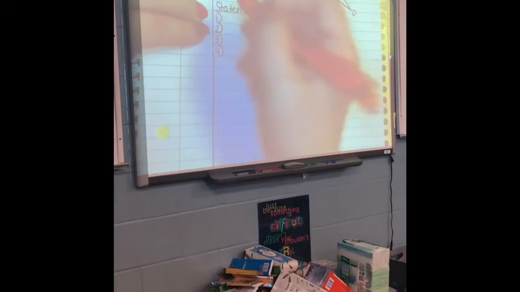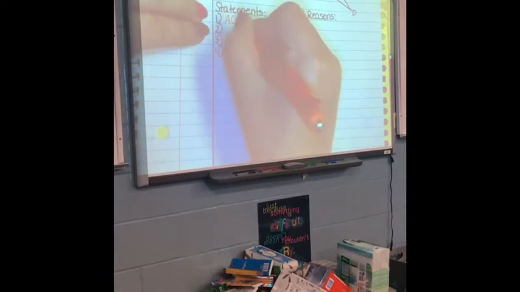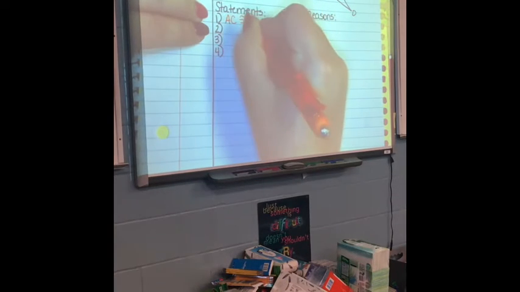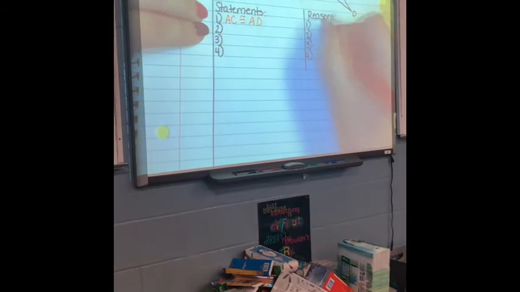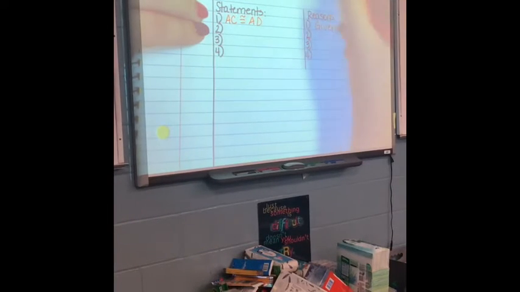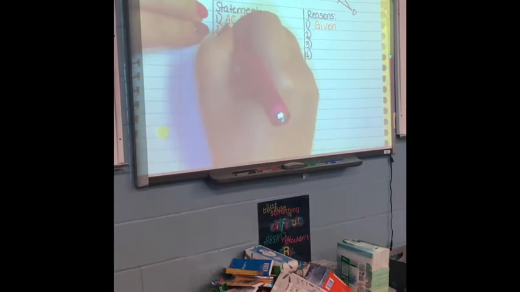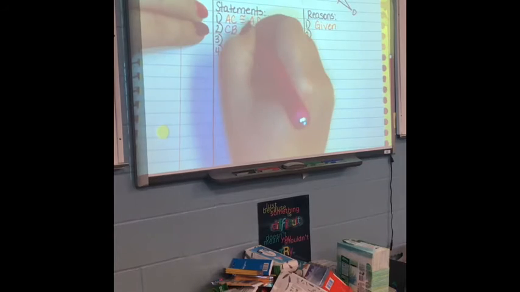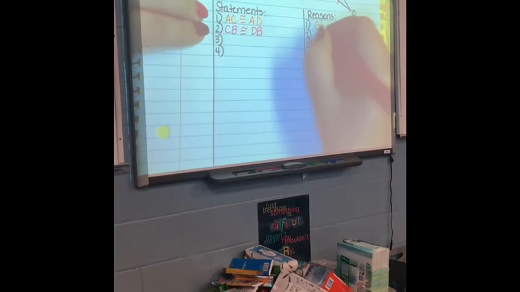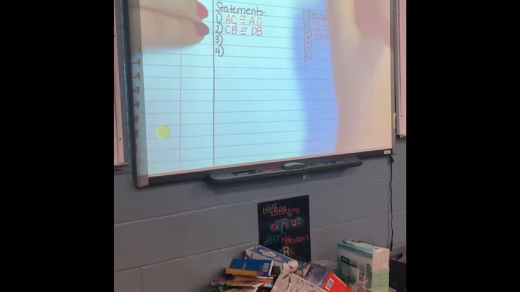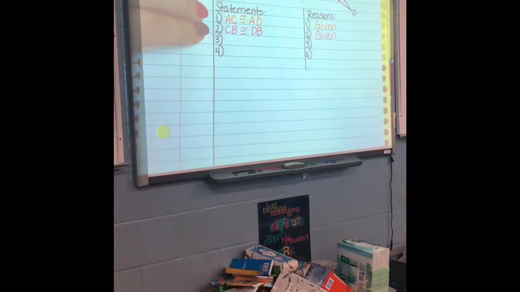Okay? AC congruent to AD, and you said that was given. I'm going to go ahead and mark that on my picture. And the other one was CB congruent to DB, and you said that was given. I'm going to put 2 marks on those.